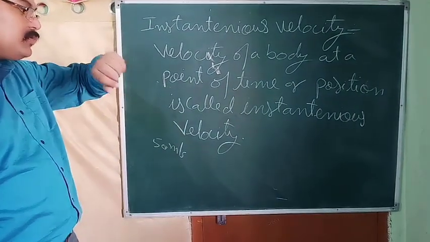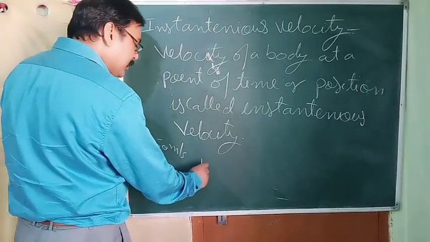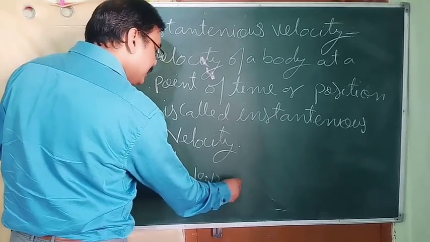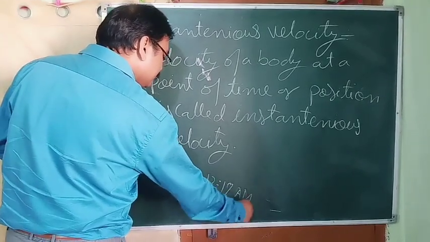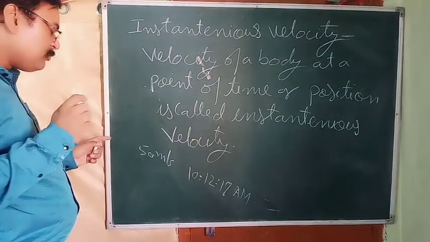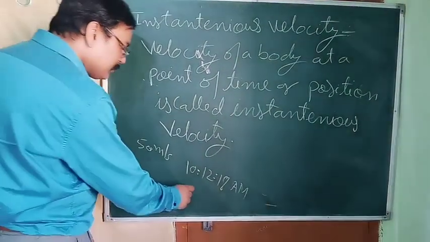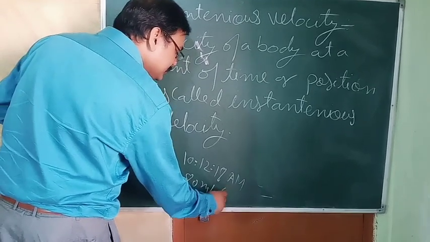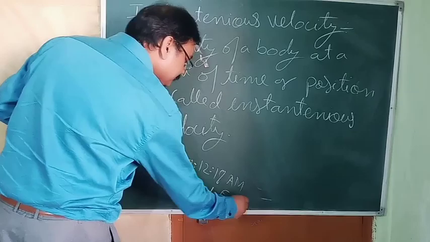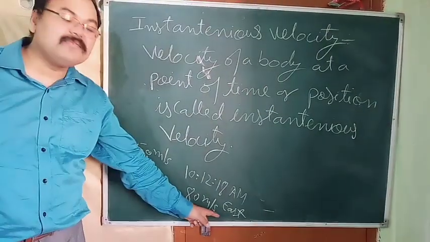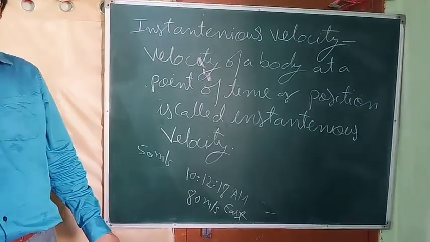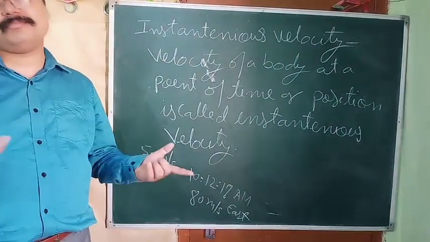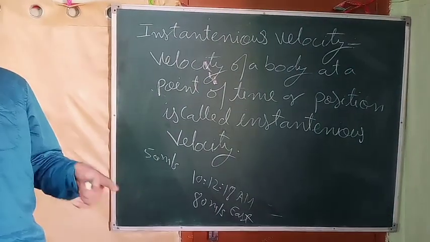Now you saw your watch and you found that at around 10:12:18 am, the speed of your vehicle was, suppose, 80 meter per second towards east. So this velocity will be known as instantaneous velocity because you found this velocity at this time. Before this time, it may be there or may not be there. It may be less than this or maybe more than this.